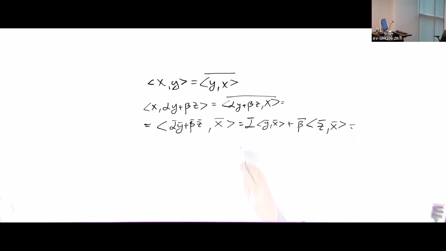Which will be equal to alpha conjugate times the inner product of x and y, plus beta conjugate times the inner product of x and z. I am using this property backwards: when switching the order, I can remove the conjugate. So you get to the result that the second coefficient needs to be conjugate, and the first needs to be conjugate as well.